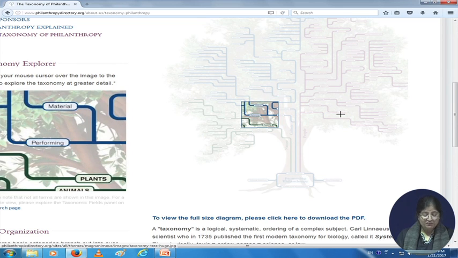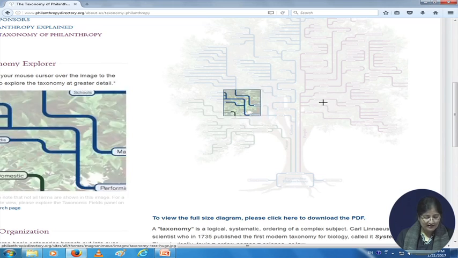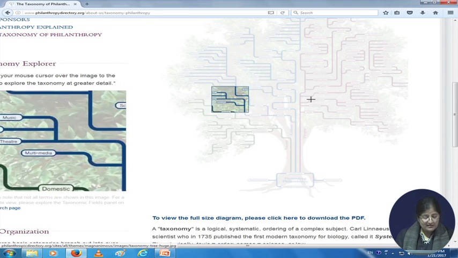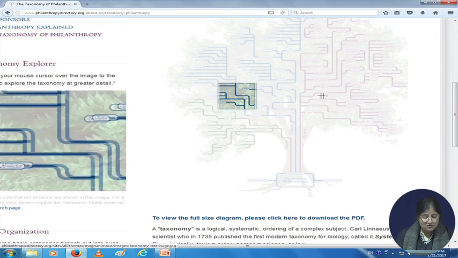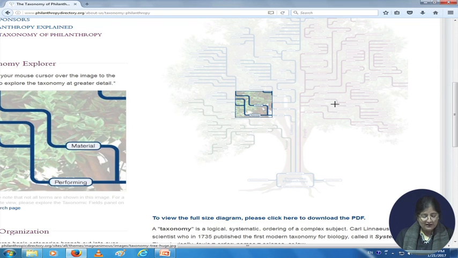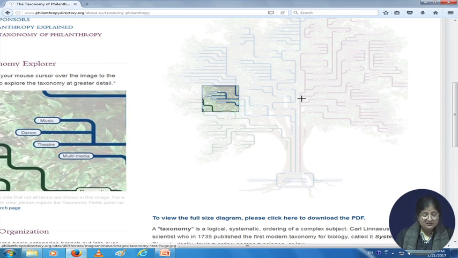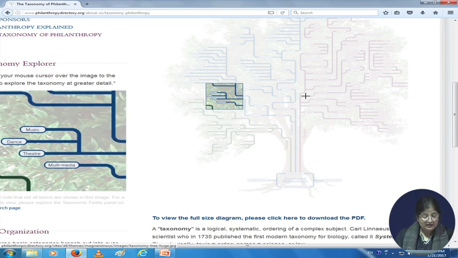And in arts we have performing arts and we have material arts, and then in performing arts we have multimedia, we have theatre, we have dance, we have music. So multimedia is again an artificial form of art. Theatre, dance, music involve human beings.